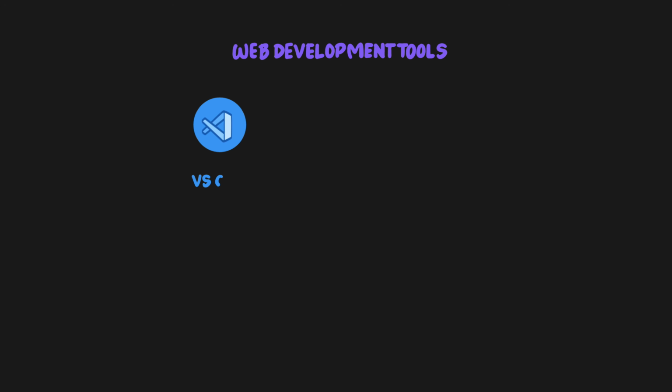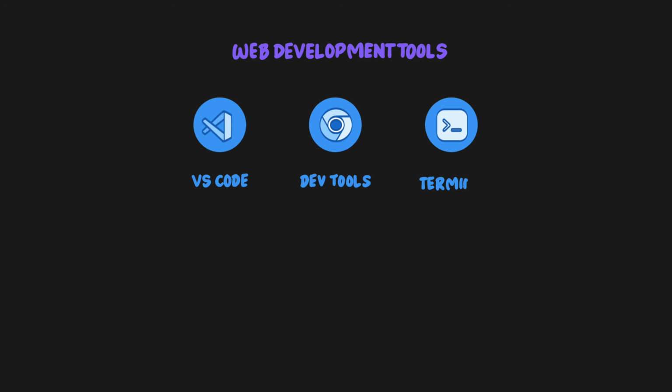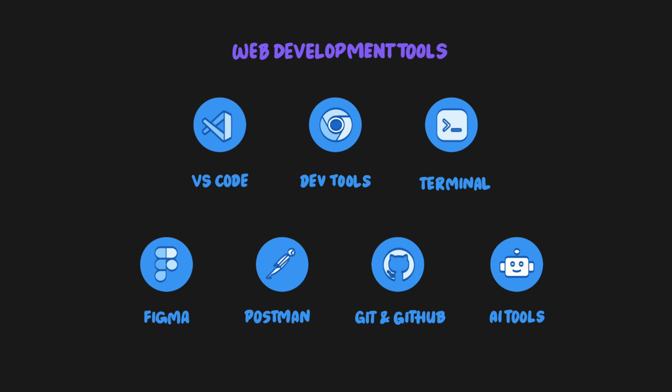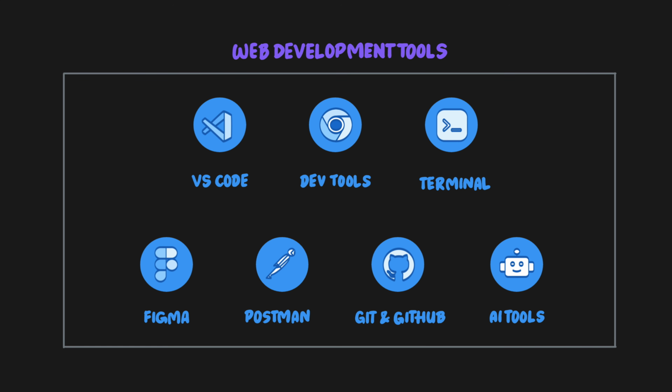They include VS Code, which is our text editor, DevTools to test and debug our code, the terminal to execute scripts and install packages, Figma for visual design, Postman for testing API requests and responses, Git and GitHub for version control, and various AI tools to make our coding process more efficient. Understanding all these tools is essential to gaining a solid base in full-stack web development.